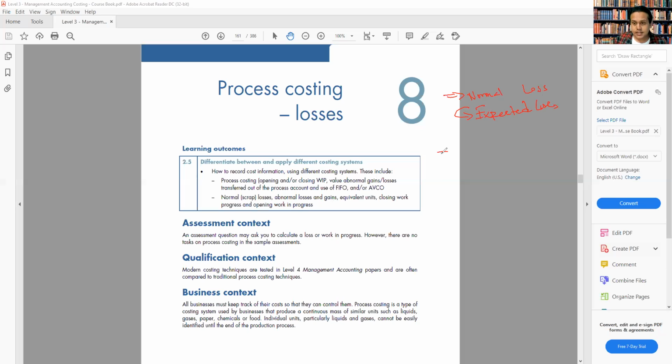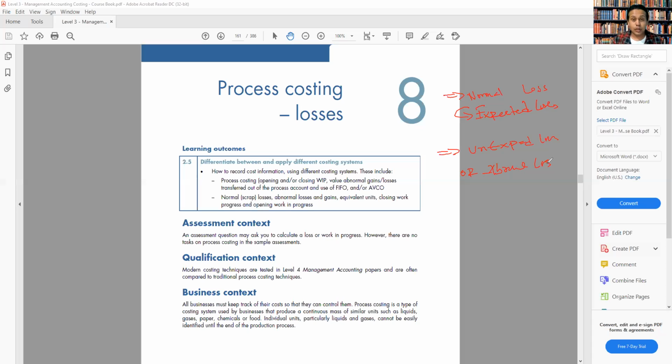The next one is unexpected loss, or we call it abnormal loss. So the first one is normal loss, the next one is abnormal loss. Abnormal loss is when the loss is more than my expectation. Let's say my expectation was that 5% of the material or units will be wasted, so the output will be 95%.